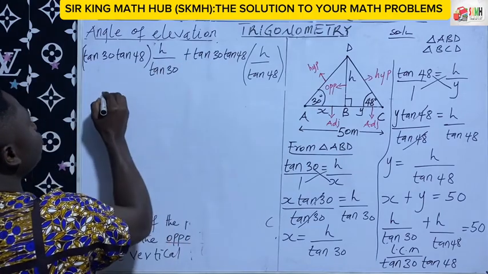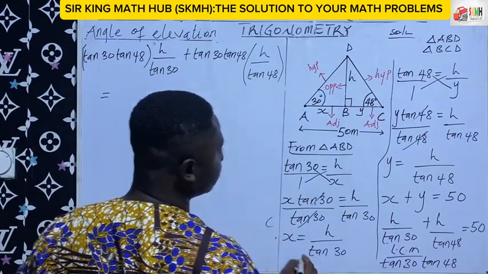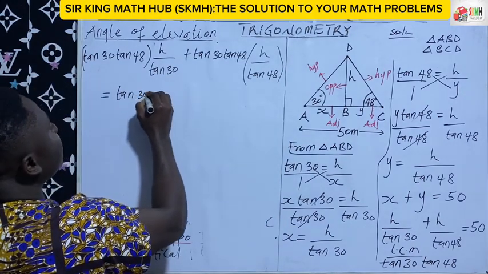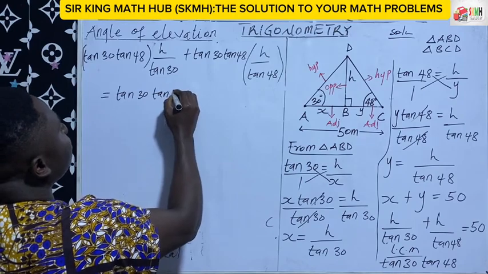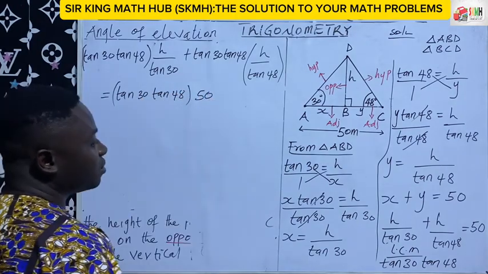And this should be equal to the third term here multiplying the LCM, tan 30 tan 48 multiplying 50.